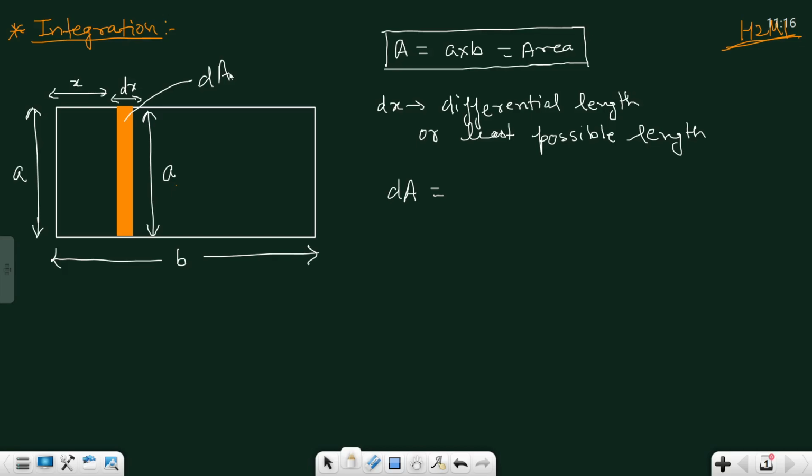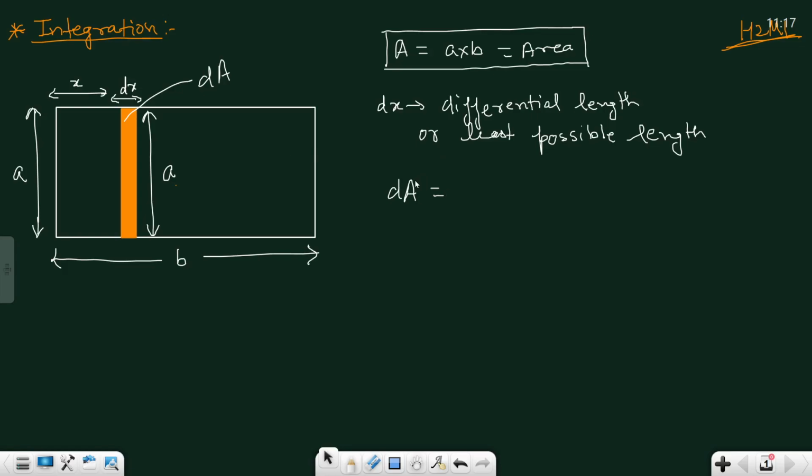So differential area is the area of this strip, and if you add so many strips, you will get this rectangle. Clear है कि नहीं? एक strip, then एक strip ऐसे करते गए, then the whole rectangle will be complete. If you add all the areas of the strips, then you will get the area of the rectangle.